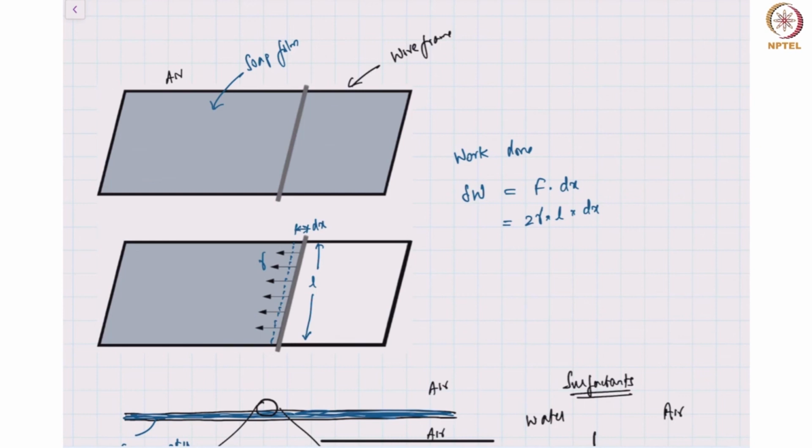From this we can estimate the work done, and we can say that this surface tension force is acting normal to the rod. It's a force per unit length, and it's acting normal to the rod.